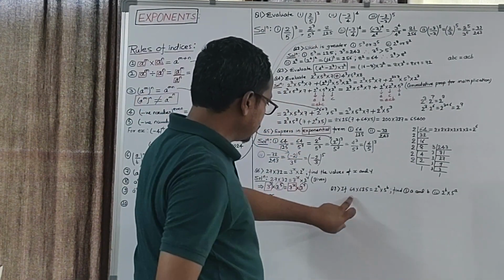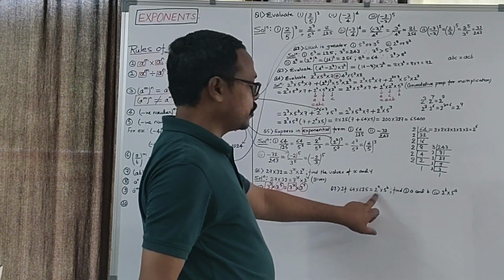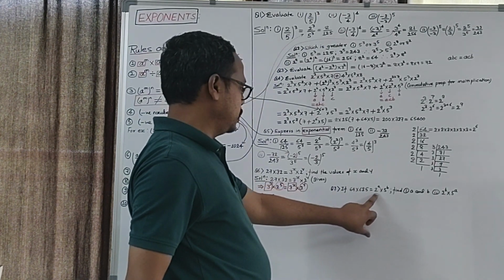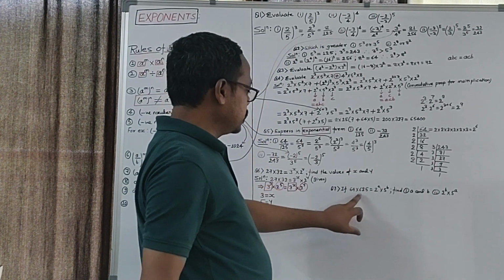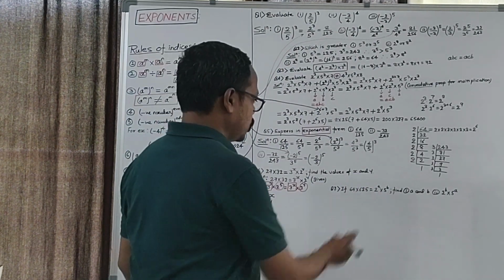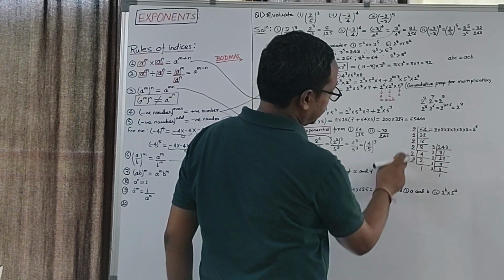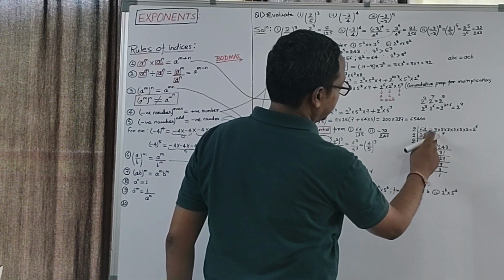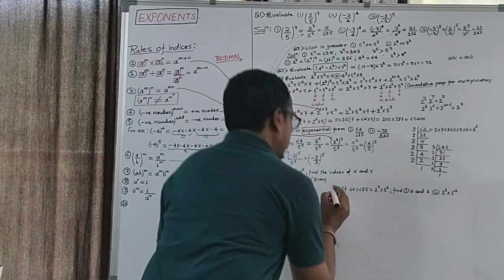So here 64 we will prime factorize in the form of 2, and 625 we will prime factorize in the form of 5. 64 I have already done, it is 2 to the power 6.